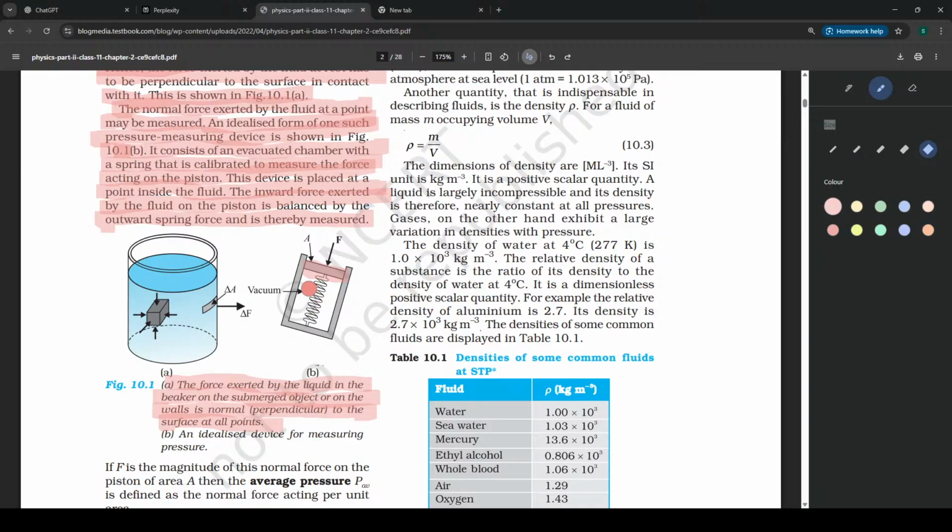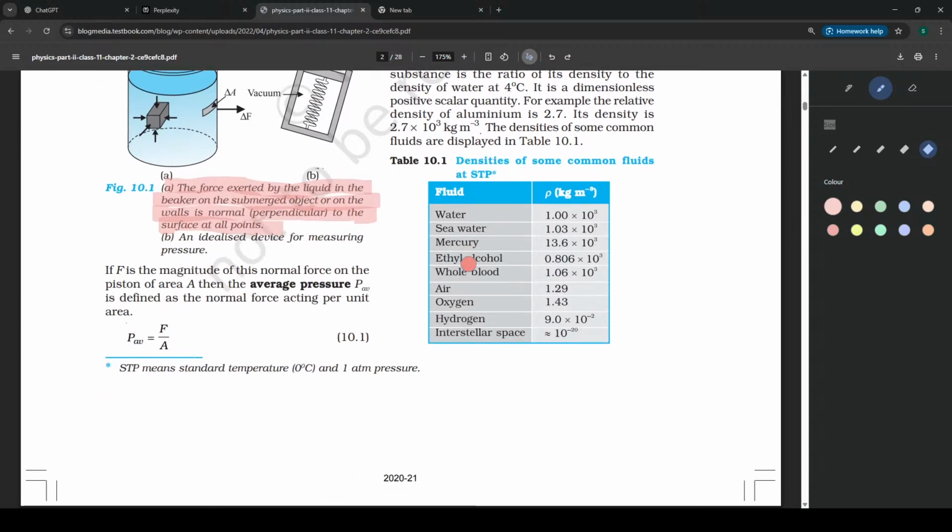When we keep it inside, there will be a force acting on this piston and it will get pushed down, and based on how much the piston was pushed down, we can calculate the force acting at that point. That is what they're saying.